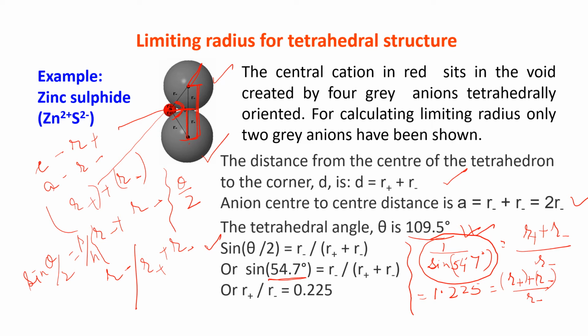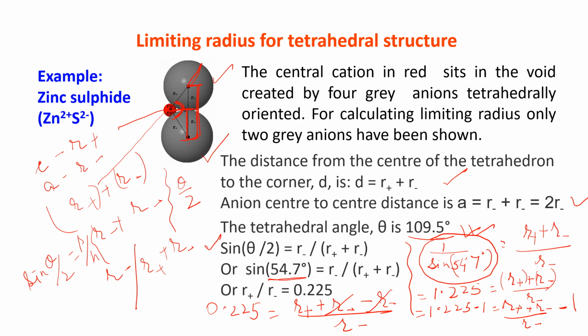Just subtract 1 from both the sides. 1.225 minus 1 is equal to r plus plus r minus by r minus minus 1. Now if you do that, then it is coming 0.225 is equal to r plus plus r minus minus r minus by r minus.